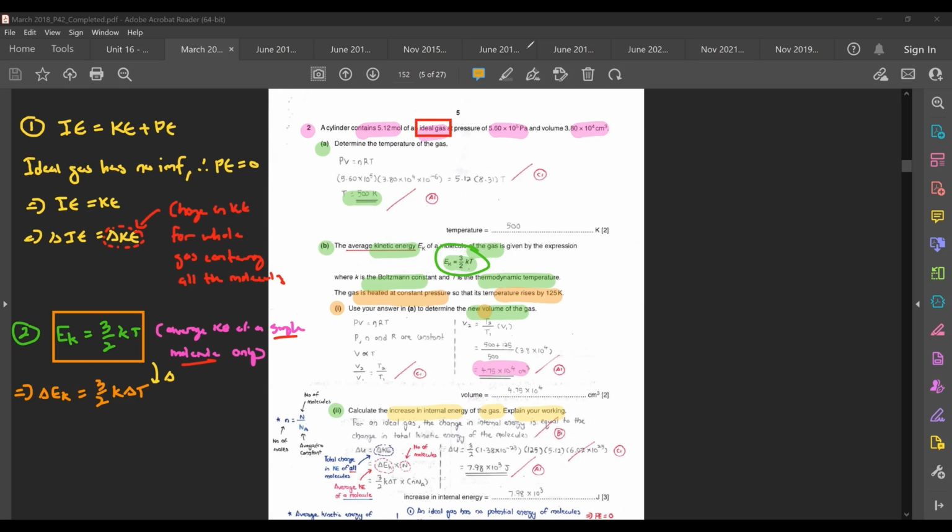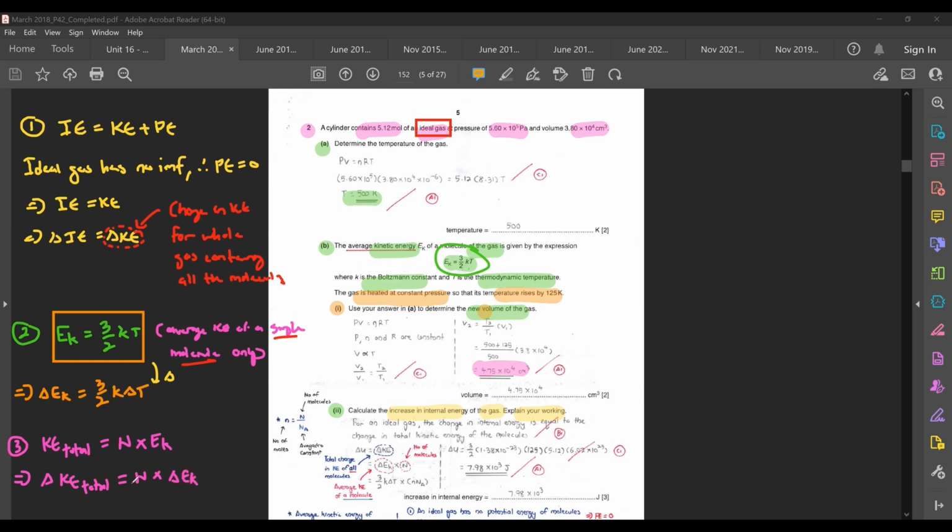So right now comes the part where you want to find out your total KE. So your KE total is actually the number of gas molecules you have multiplied with the average kinetic energy of a single gas molecule, such that right now, if you want to find the total change in your KE, it must be the number of molecules n multiplied with the change in kinetic energy of a single gas molecule.